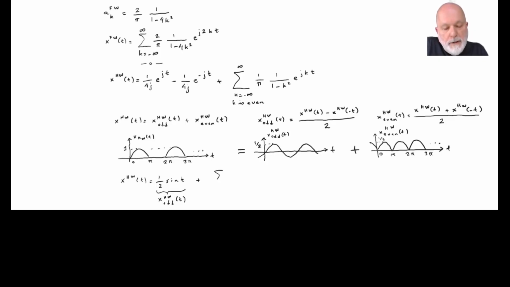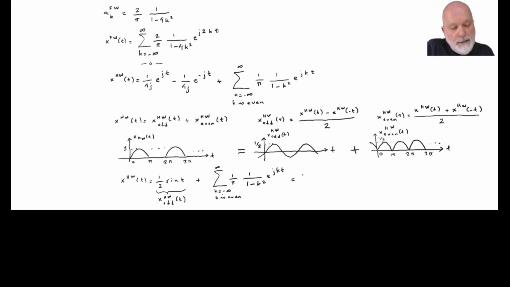The remaining part is the sum over k from minus infinity to plus infinity, 1 over pi, 1 over 1 minus k squared e to j kt, and k is taking only even values. So this part is just the even part of the half-wave rectified sine signal.